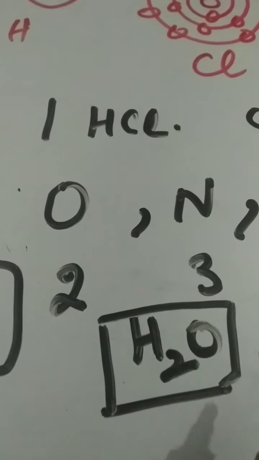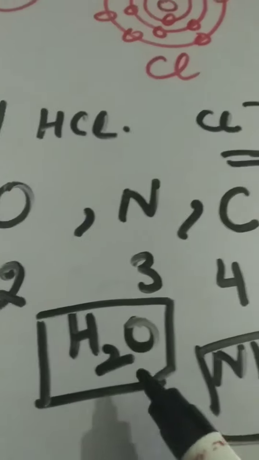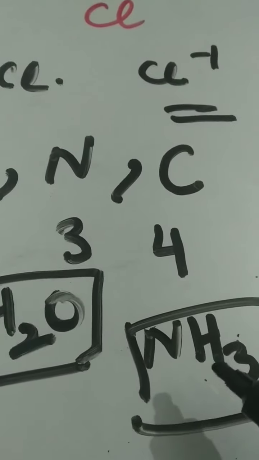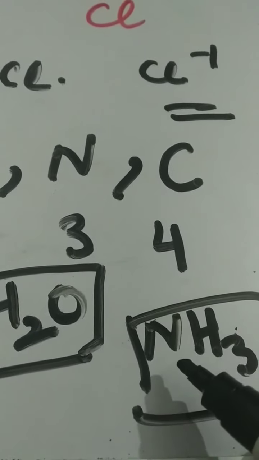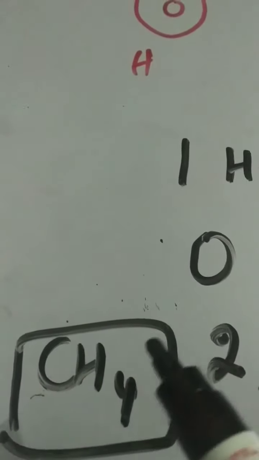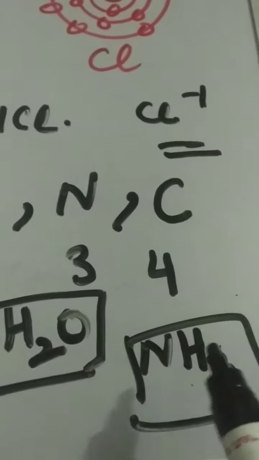In the formula of water, we come to know that 2 hydrogen combine with oxygen. In the formula of ammonia, 3 hydrogen combine with nitrogen, and in the case of methane, 4 hydrogen combine with carbon to form these different kinds of compounds.